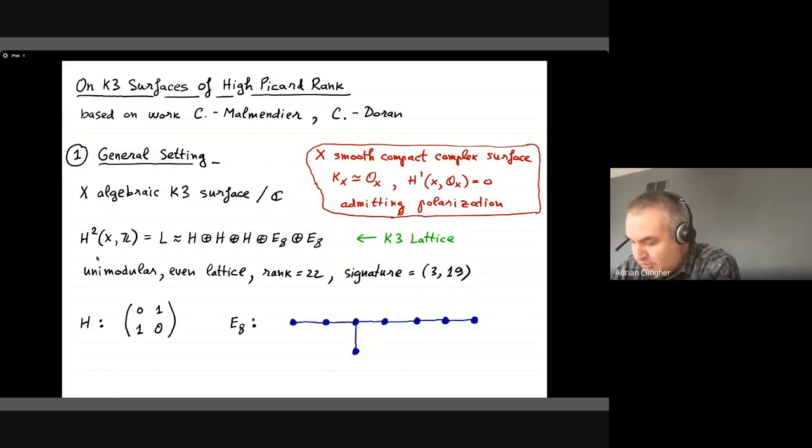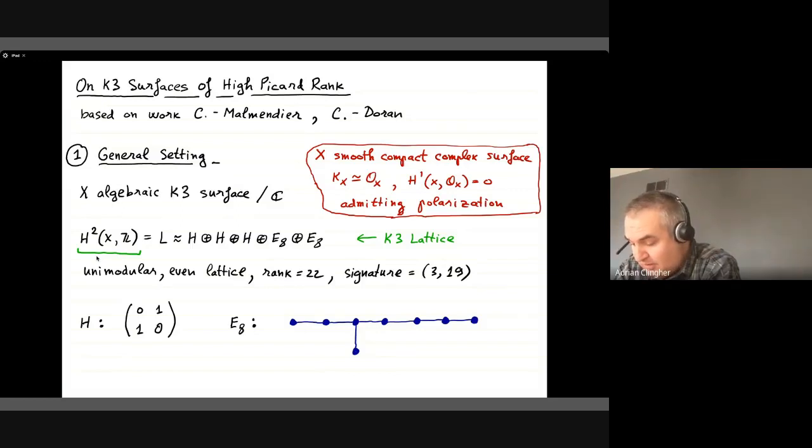So one crucial part about K3s, as is well known, is that the main cohomological information is in the second cohomology group, which together with the intersection form, when doing cohomology over Z, gives us a lattice, which is fairly famous. It's called the K3 lattice.